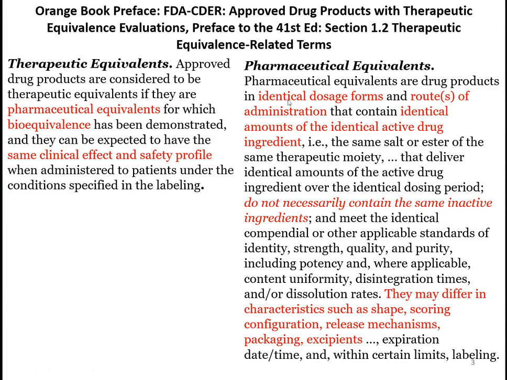In their definition of identical dosage form, it says that they do not necessarily contain the same inactive ingredients. I doubt any pharmaceutical scientist involved in dosage form design or development or analysis would find that to be the case. And if you look further, what they say is, in addition to meeting the compendial criteria, they can differ in characteristics such as shape, scoring, configuration, release mechanism, packaging, and excipients.